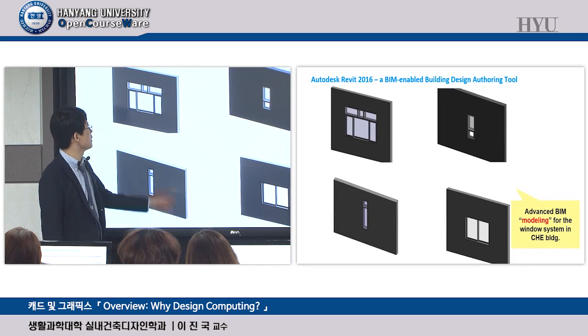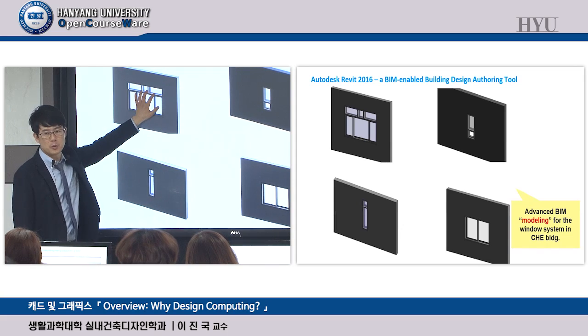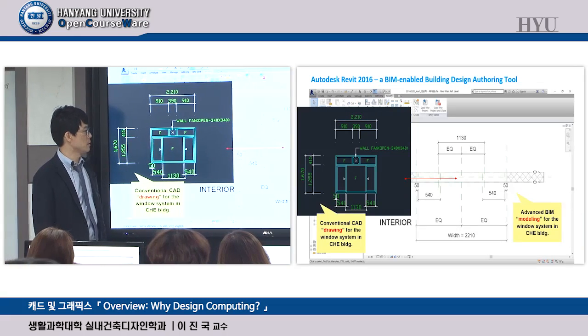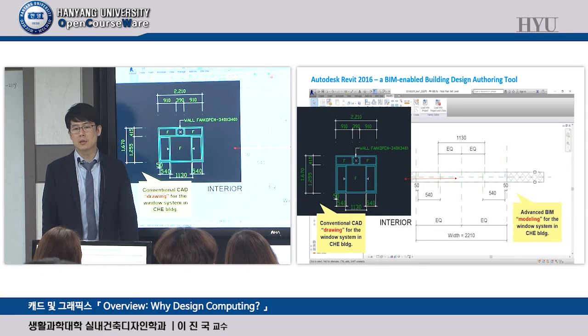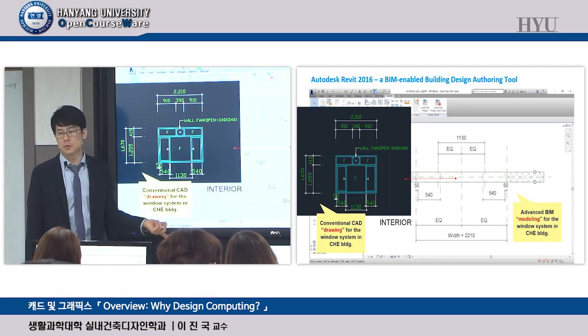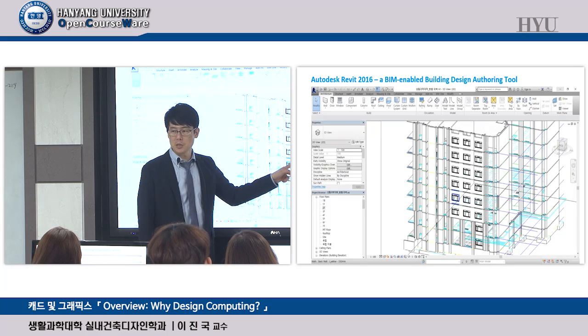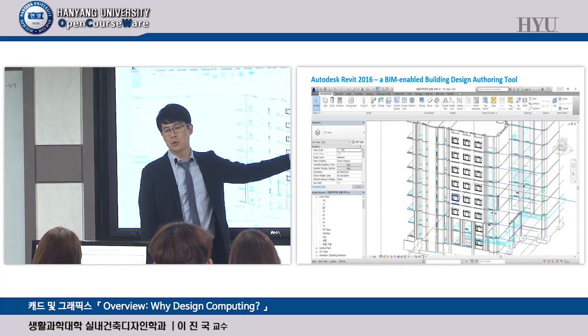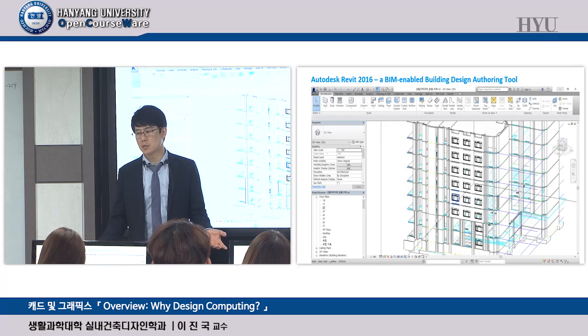So this model can have some alternatives. So this component can be placed onto your 3D building model, not just copy and paste of this kind of 2D visualizations. So take a look. This one single component can be easily attached to the wall, something like Lego blocks, okay?